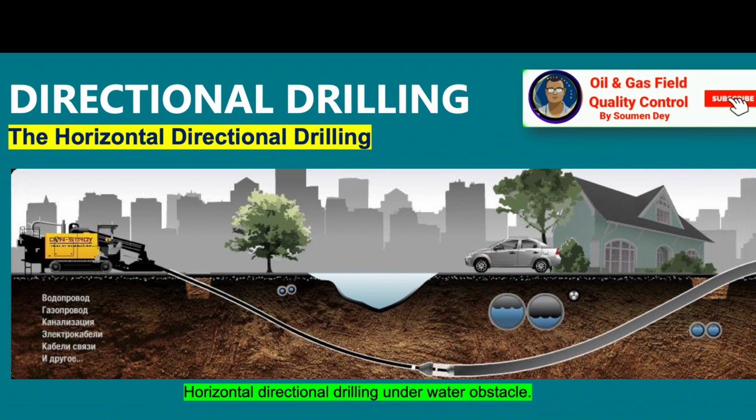This method can also be applied when laying gravity pipelines, but there are some features. Drilling of a well is implemented from the ground surface. The diameter of the well must be wider by 30 to 50% than the diameter of the pipe. The well is formed by gradual expansion with the application of bentonite and polymers.